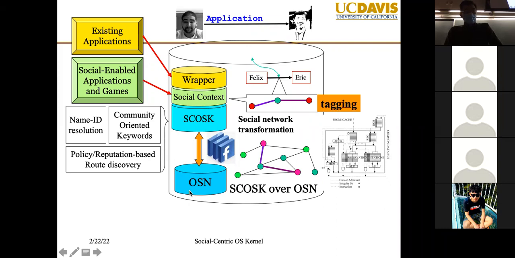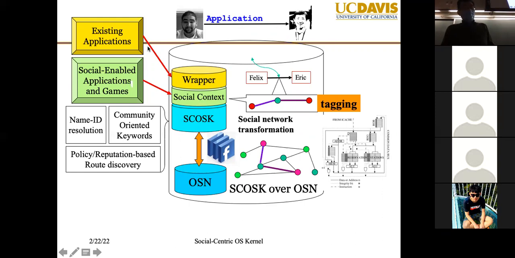Then we provide two different layers. One kind of application can use the social network directly by system call. We just provide a social context for them to call directly.